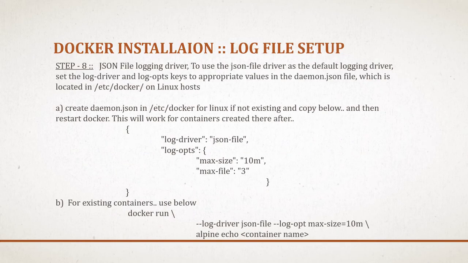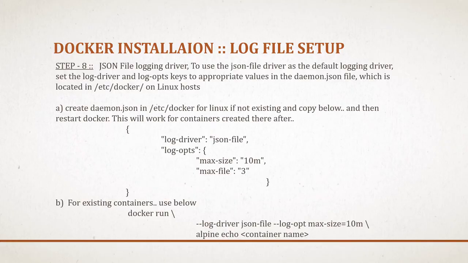And then it is very important to set up a log file for Docker containers. If we don't, then it will eat up all the memory and it will ultimately kill all the processes and containers. So for that, we need to create a daemon.json if it is not already existing in /etc/docker.